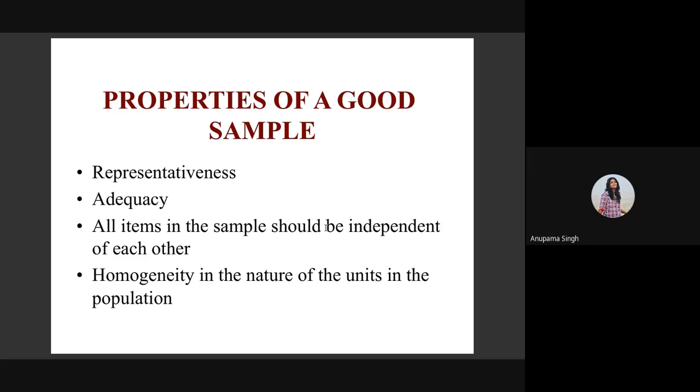All the items in the sample should be independent of each other. Independent in the sense that one individual unit should not affect the response of another individual unit. That usually happens when we are gathering information from different units in one household. So for example, if you are taking some kind of phenomenon that is very sensitive in nature, right?